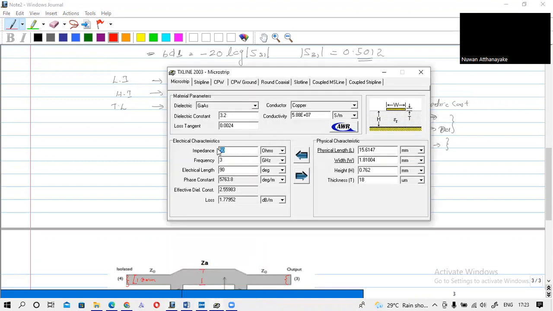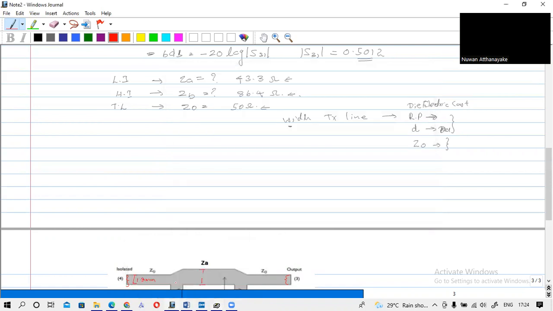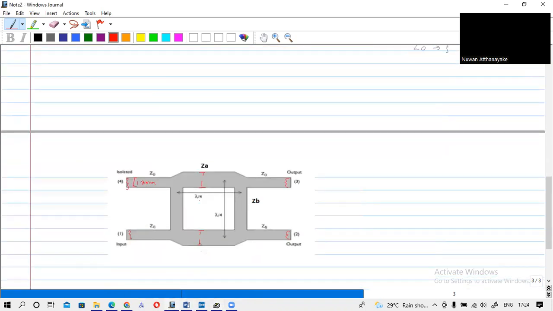I put impedance 43.3, then I calculate, and it is around 2.26, so that is 2.3 millimeter. This one also is 2.3 millimeter, the width.